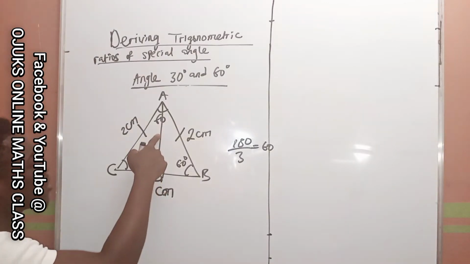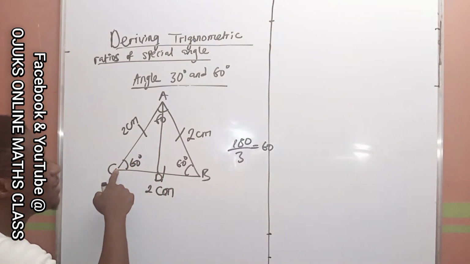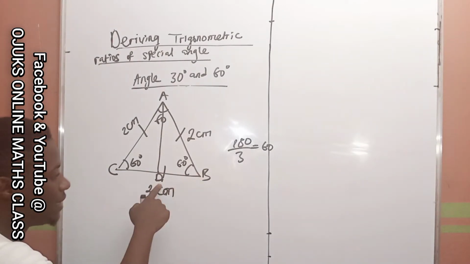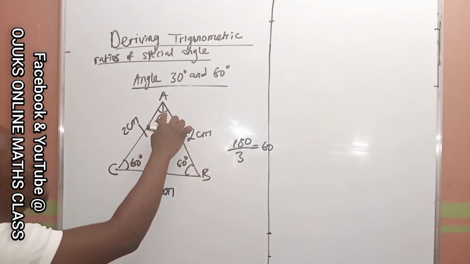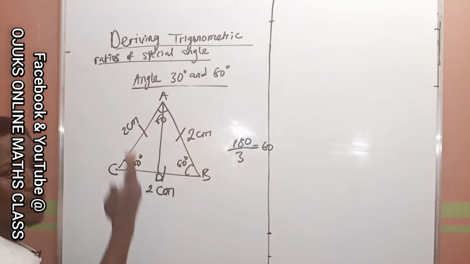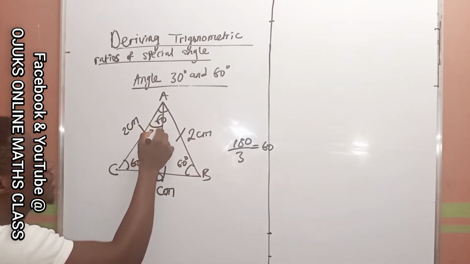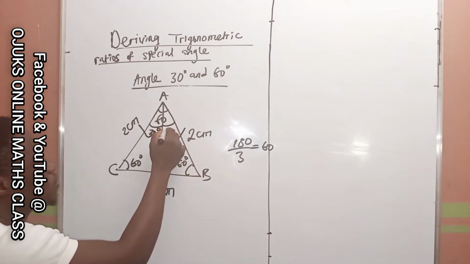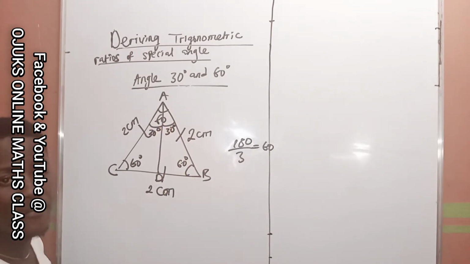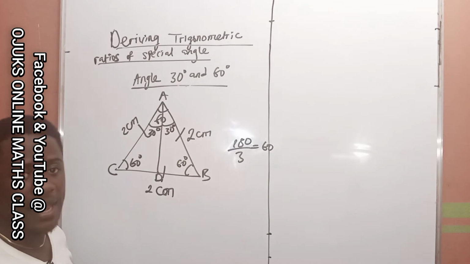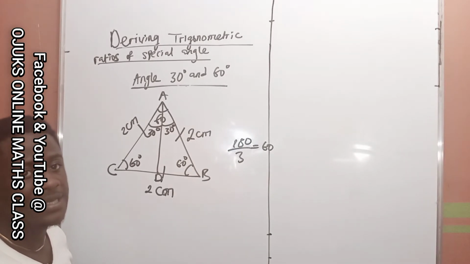This perpendicular bisector will not only bisect the line CB at D, it will also divide the angle 60 degrees into two, which means this side will be 30 degrees. This other side will also be 30 degrees. So I have two right-angled triangles with their respective angles and sides.